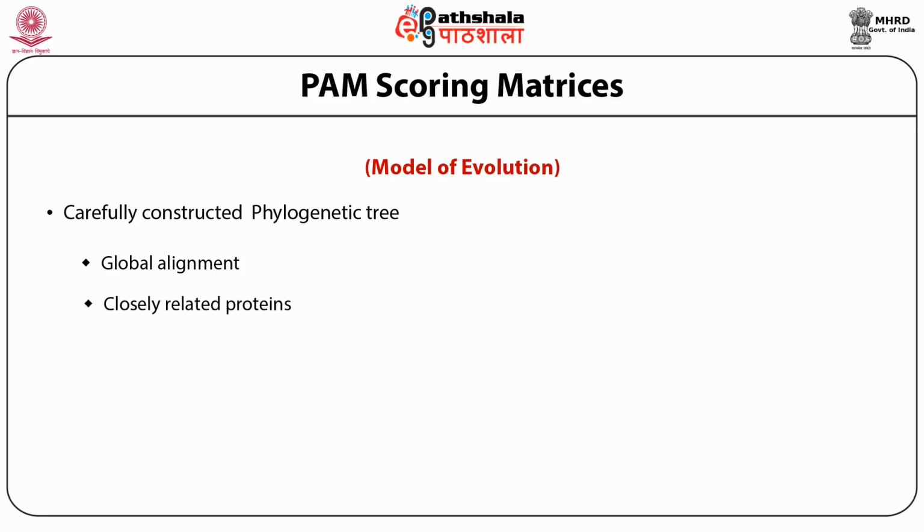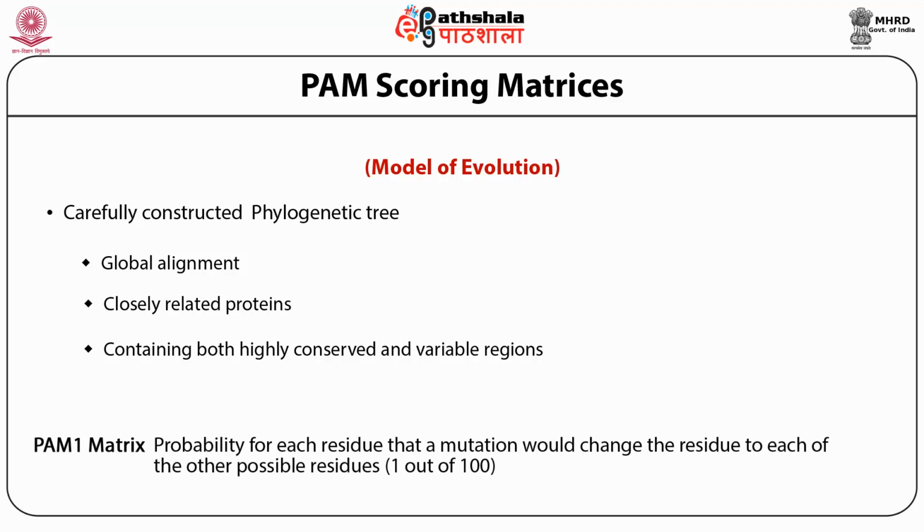Then from these aligned sequences, a phylogenetic tree was constructed. From this tree, closely placed sequences with 1% mutations, called point mutations, corresponding to 1 PAM distance of evolution were selected, and then the observed frequencies were tabulated to achieve the PAM1 matrix.